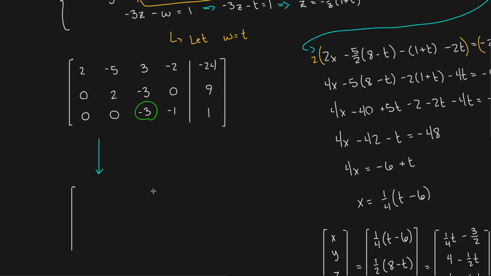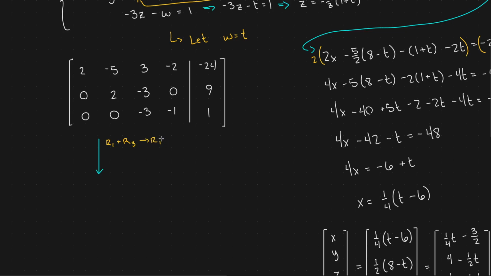Okay, so in this case, because if I divide by negative 1/3 to turn this into a 1, it gives me some fractions. I'm actually going to get these to be 0 first. So I'm going to take row 1 plus row 3. That's my new row 3.